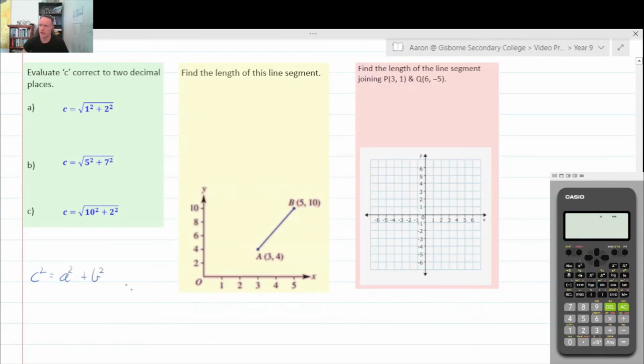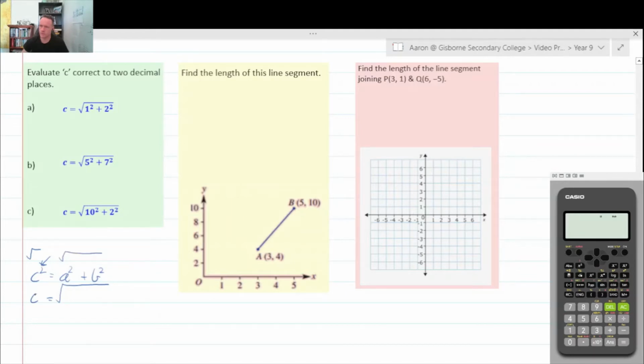Now, in the above examples, we've just solved a little bit of that so that we can find c. If we're going to get rid of the squared there, we need to square root this side and also square root this side.